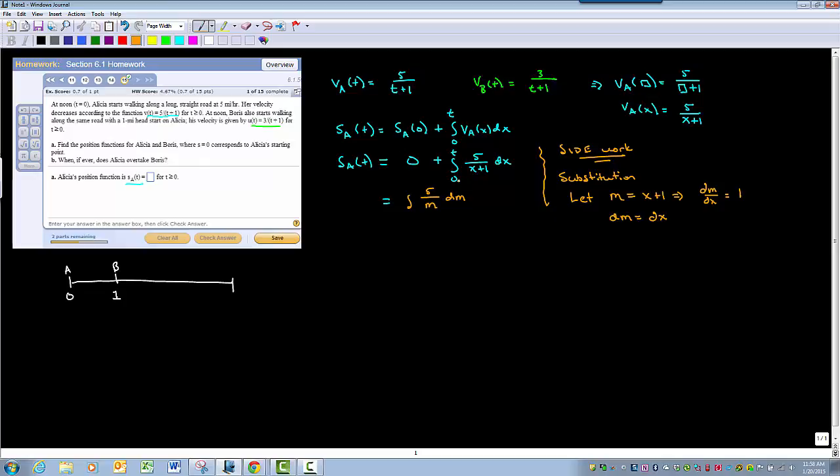The x variable ranges from 0 to t, so x starts at 0 and goes until t. Well, m is equal to x plus 1, so x can be replaced with m minus 1. So m minus 1 is equal to x.